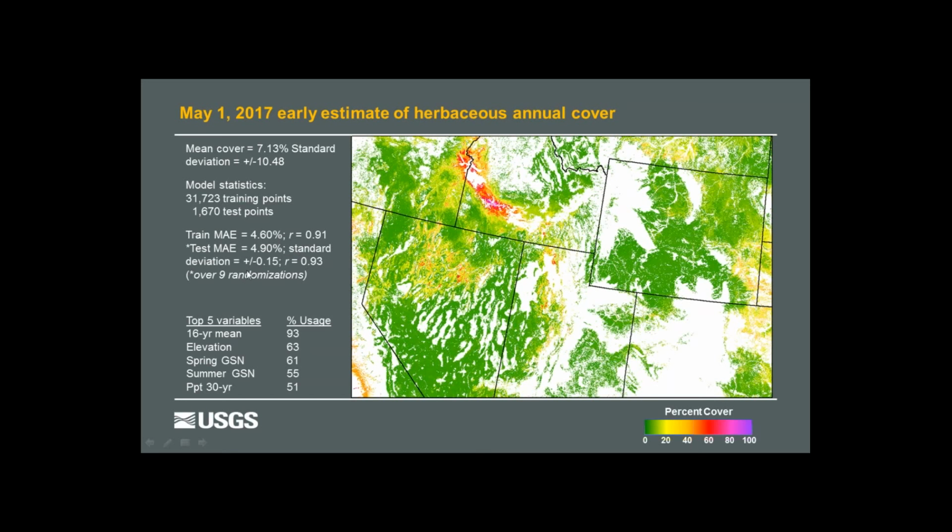Over 9 randomizations, our standard deviation was plus or minus 0.15, which indicates a very stable model. One of the new variables that we input into the near real-time model is the 16-year mean, which became one of our independent variables. It was used by far more often than any other variable.